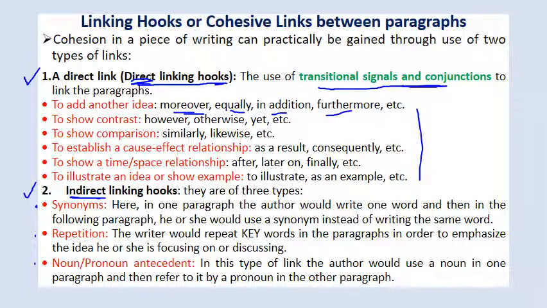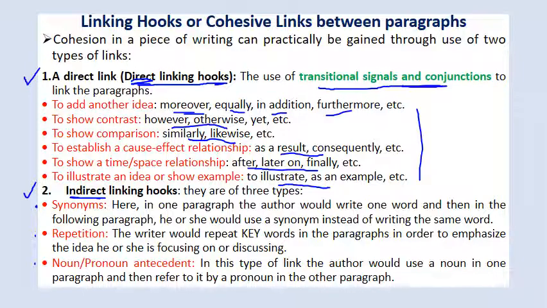The author uses the direct linking hook, or the direct transitional signal, moreover, to show addition, and you continue explaining. But please keep in mind what transitional signals are. Those are the words the author uses to link or to connect his or her ideas.